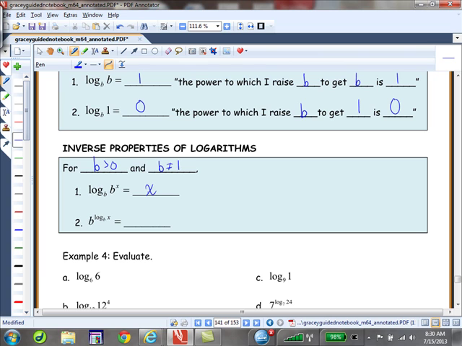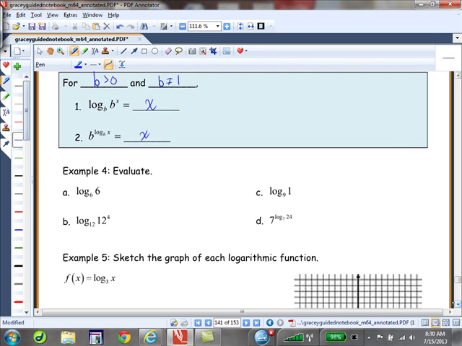So you just get x. Same thing if you're evaluating an exponential expression at a logarithmic expression with the same base: you get what's inside that log.